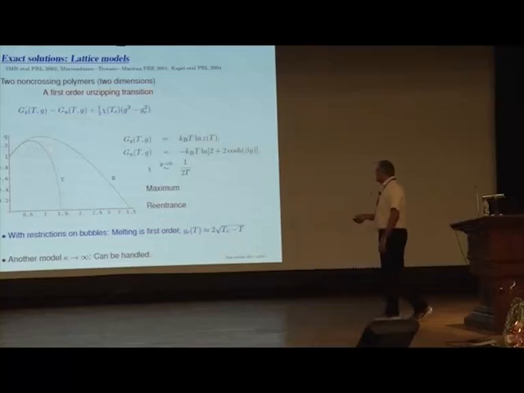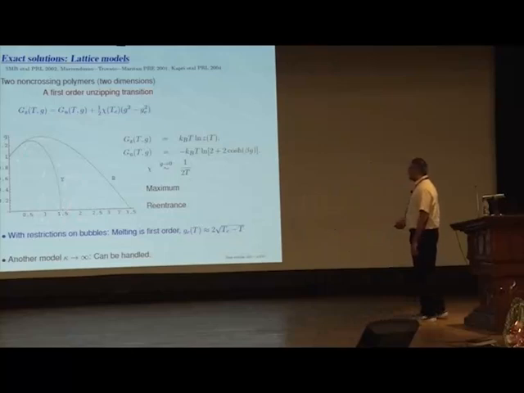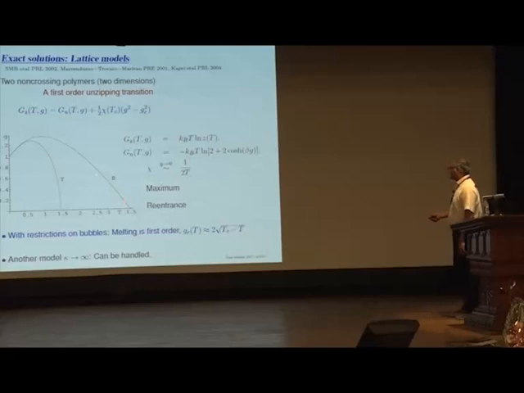And the point here is that exact solution shows us that for this Y-type model, there will be a first order melting point, and for this B-type model that allows bubbles, there will be a continuous transition, melting will be continuous. And what we see here is this, as we predicted from thermodynamics, that there is a linear dependence here.